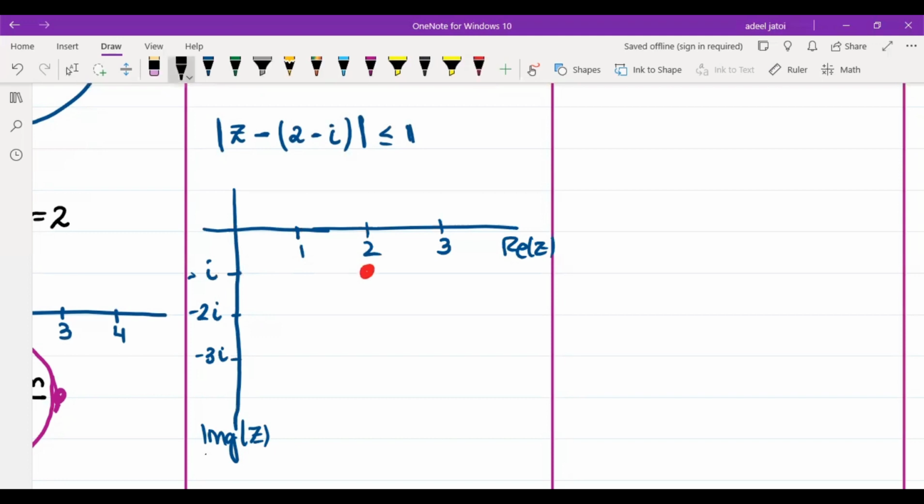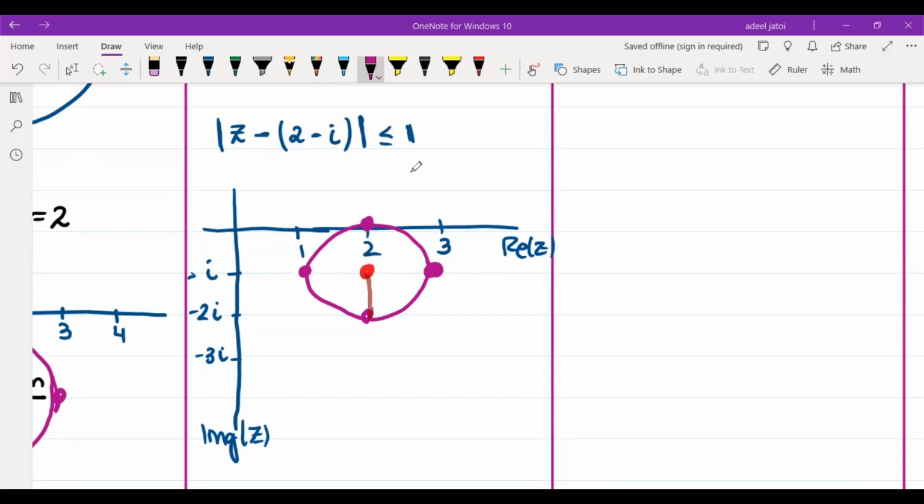If we plot it down here, let's say this, this, this, and this, it will give me a circle with all the points. The distance will be 1: 1 on the right hand side, 1 on the left hand side, 1 up, 1 down.